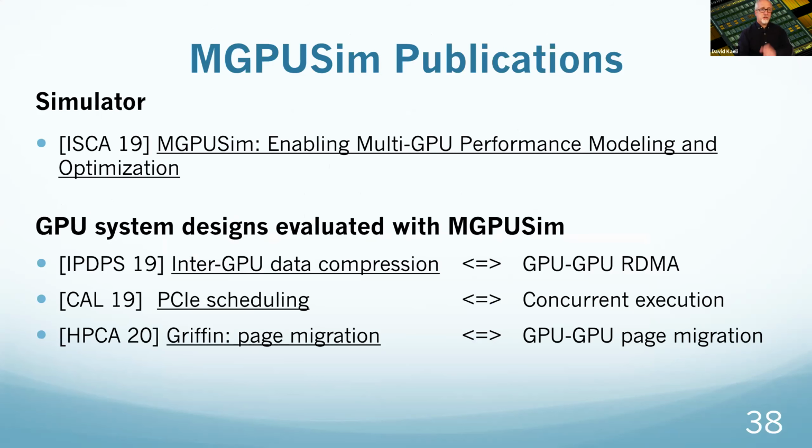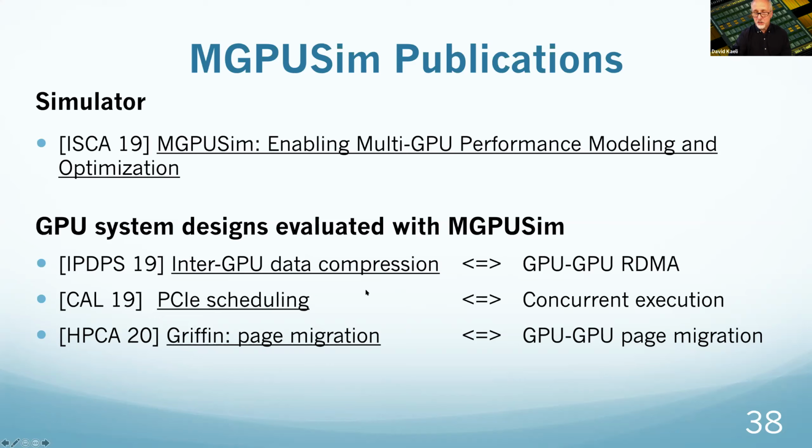So if you want to read about our simulator, we basically had a paper in ISCA in 2019 on the simulator, MGPUSim, and we also already have a number of publications where we've done evaluations with MGPUSim. GPU to GPU RDMA appeared in 2019 in IPDPS.